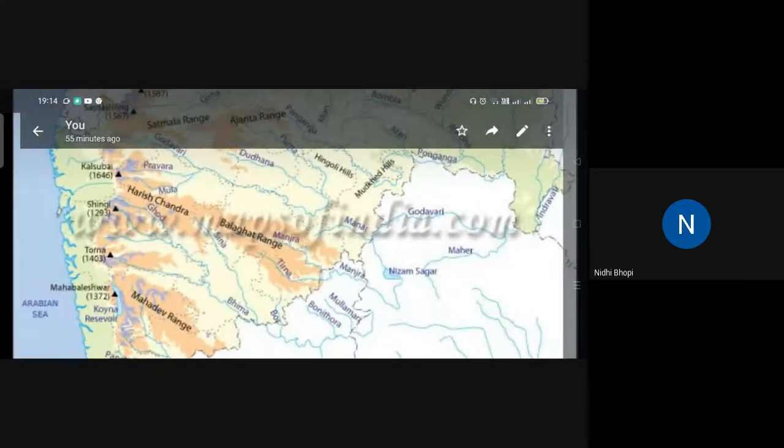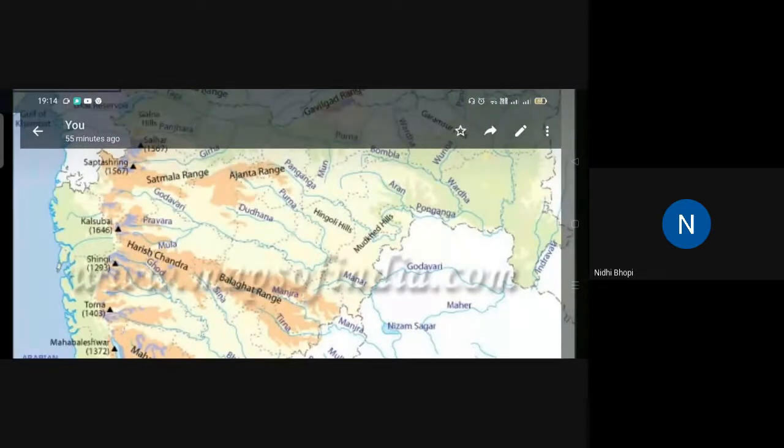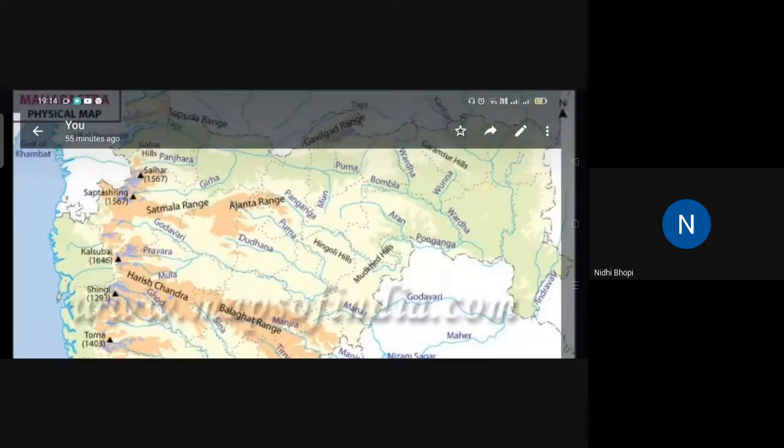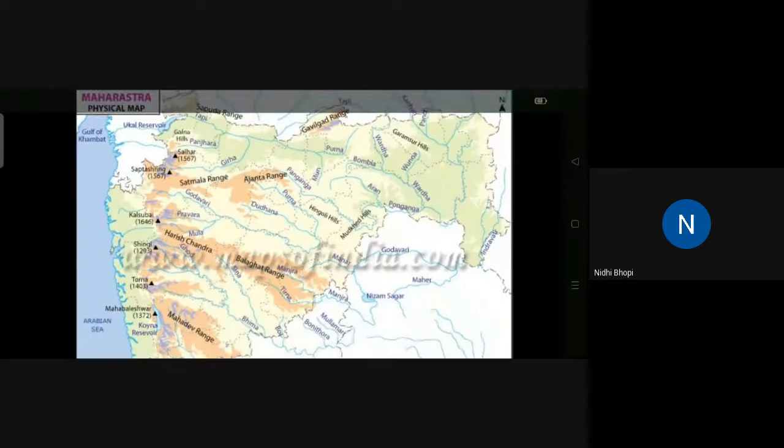We had Mahabaleshwar, we had Torna, then we had Shingi, we had Kalsubai, Shaptashrungi, Salher. All these are the mountain peaks, you know. Now what is mountain peaks? ते डोंगराचा टोक असतो ना, त्याला माउंटेन पीक असे म्हटले जातात.